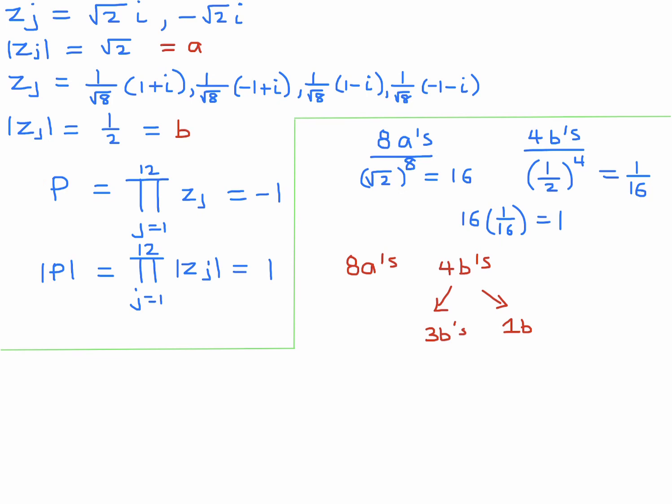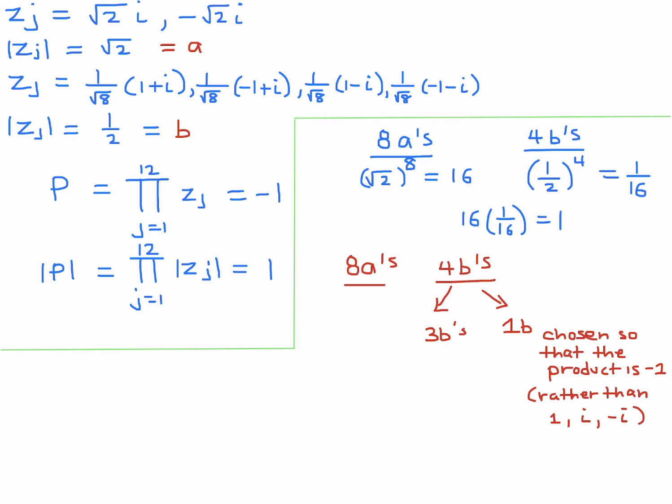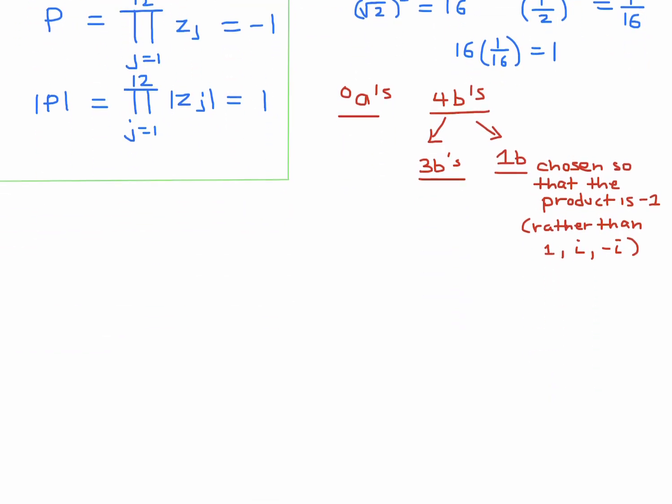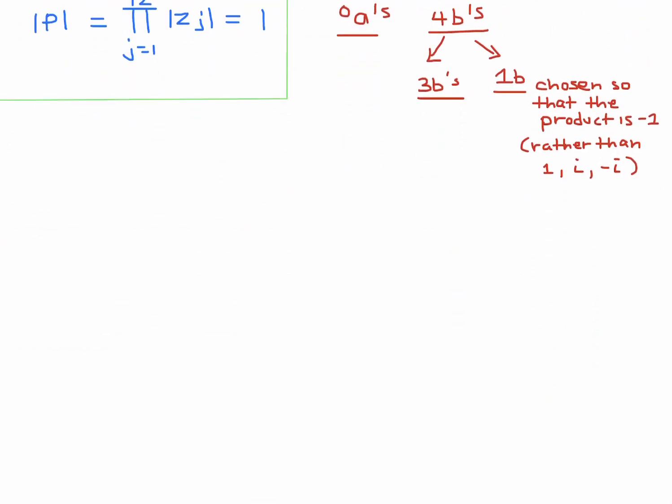That 1 B will be chosen in a way to give a negative when you're just multiplying the z's, not the magnitudes. So just to recap, we're going to choose 8 A's, 4 B's, 3 B's, and 1 B chosen so that the product is -1 rather than 1 or i or -i. All right, so hopefully that makes sense.